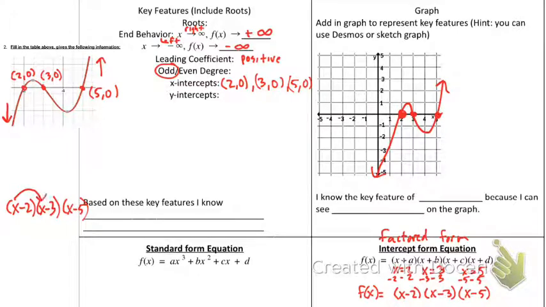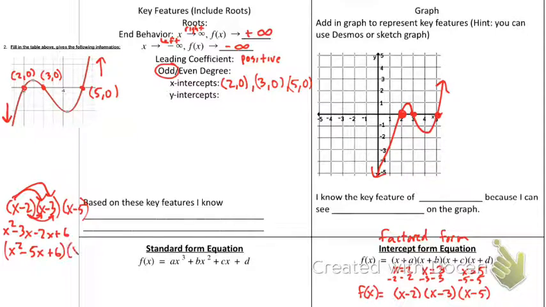So x times x, x squared, x times negative 3, negative 3x, negative 2 times x is negative 2x, and positive 6. Combine like terms here. That's going to give me negative 5x. So it's x squared minus 5x plus 6.